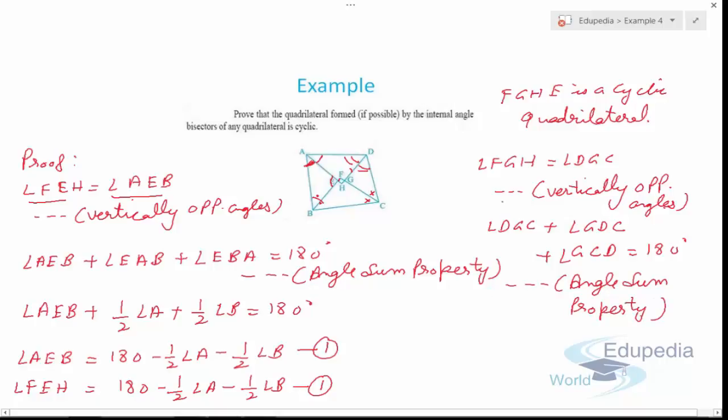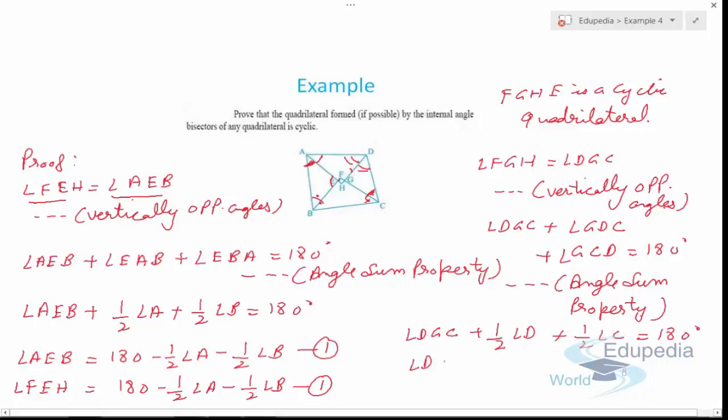Now angle GDC can be written as half of angle D because they are internal bisectors, so we can write angle DGC plus half of angle D. Similarly this angle can be written as half of angle C, which equals 180 degrees.